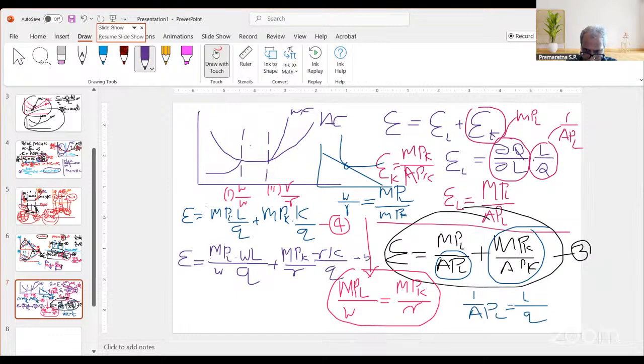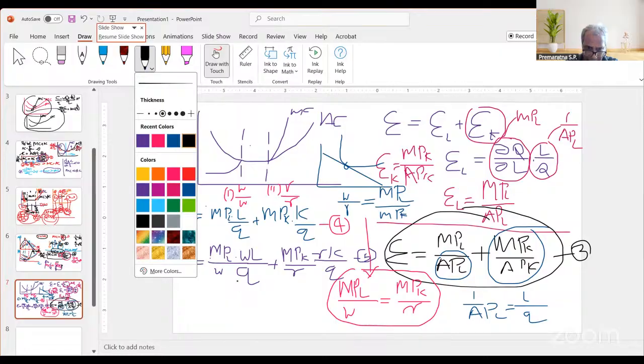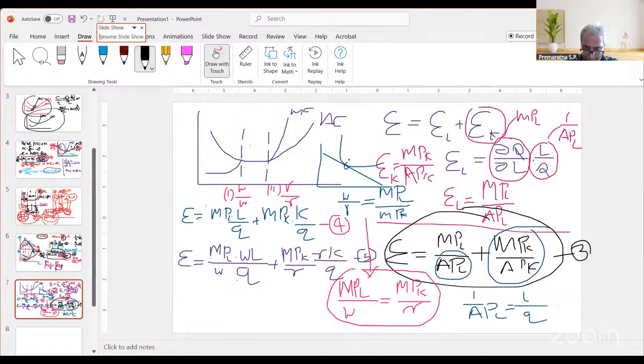Equation number 5, you get it. So how to get it is right hand side, first part multiplied by W over W, second part by R over R. Now here, according to this optimal point, the economically efficient point, all producers produce with this condition satisfied. Which means at the optimal level, it really happens in practice that these two are equal.